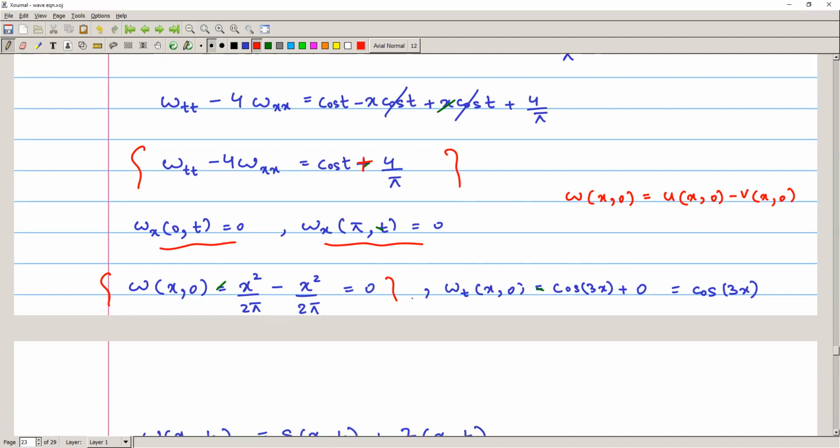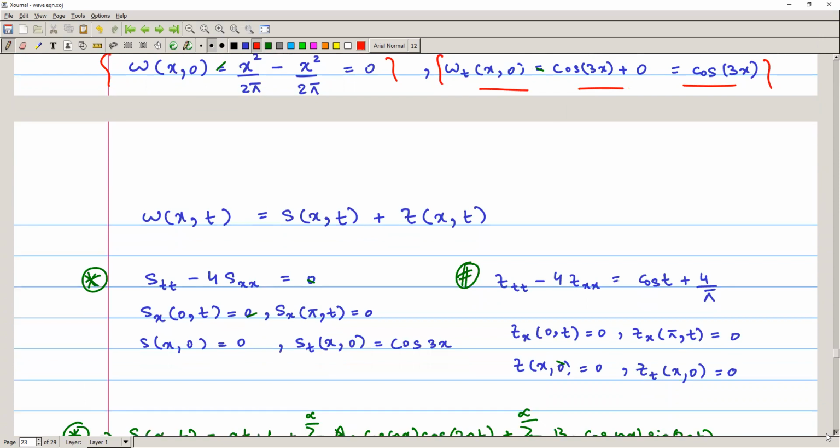Therefore, we have this condition equal to 0. All right, and then the initial condition will also be w_t(x,0) equal to u_t(x,0) minus v_t(x,0). From this equation we will get the initial velocity for the problem.